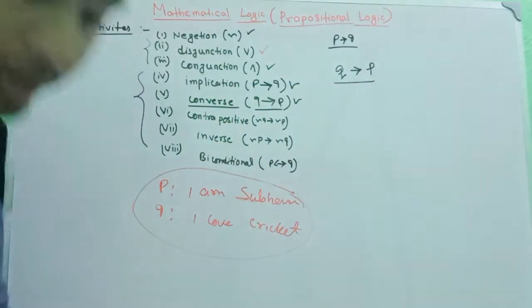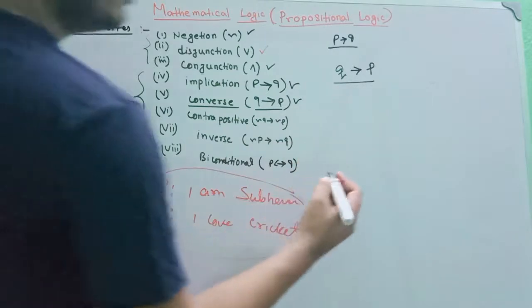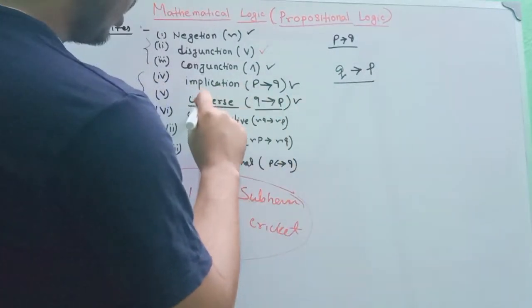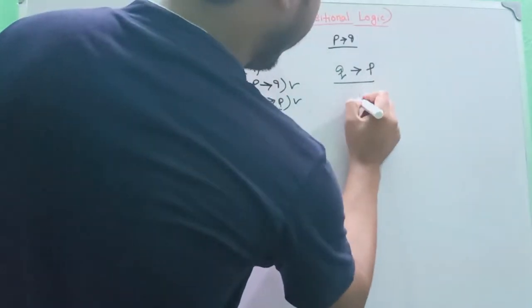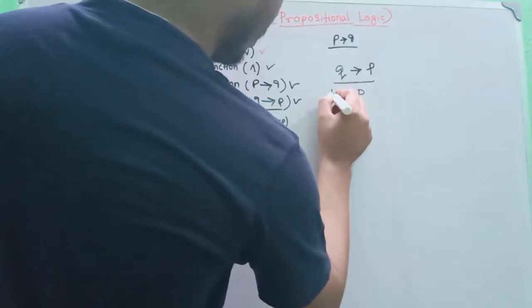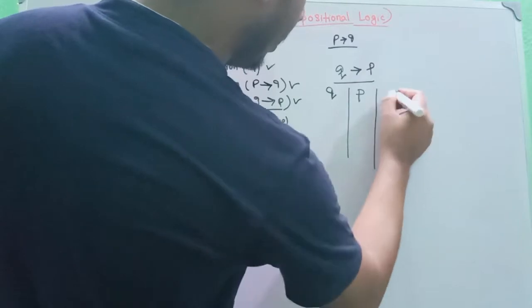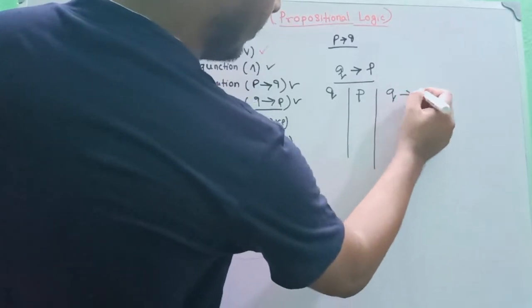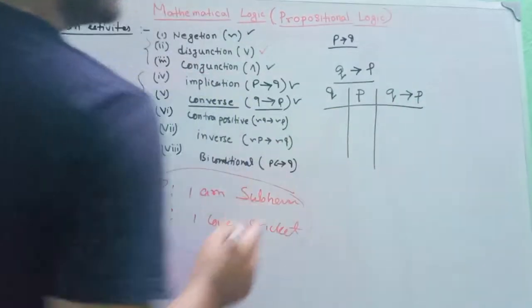So see the converse truth table. Q implies P, that is converse.